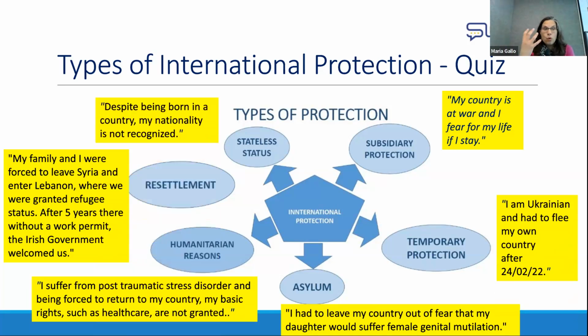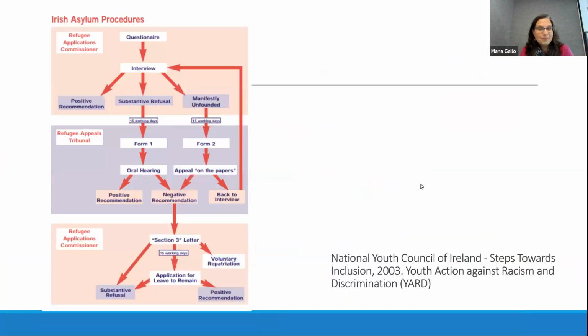And stateless status, of course, being born in a country and the nationality is not recognized. So that gives you a sense of the human stories around this type of international protection, and it's just to be mindful that there are those stories connected to that.